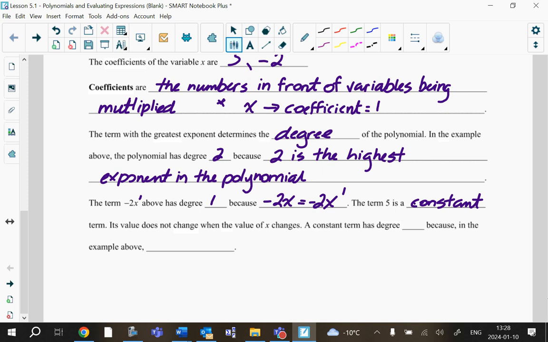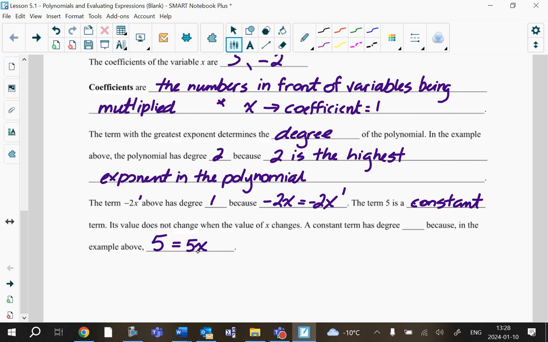But you can actually write a variable with 5. 5x to the 1 would be 5x. 5x to the what would give me 5?